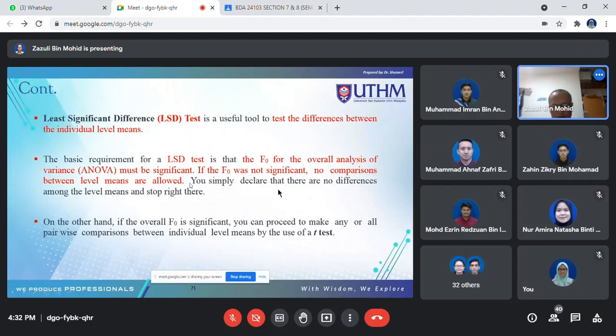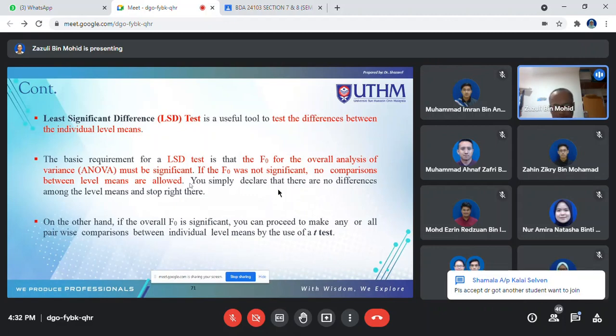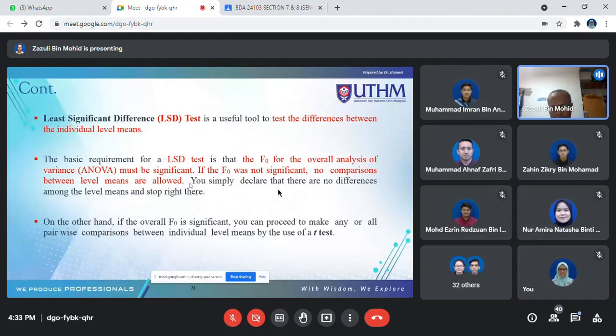Okay. So in the previous chapter, there is a judgment method that we can use to determine whether the F0 is significant or not.